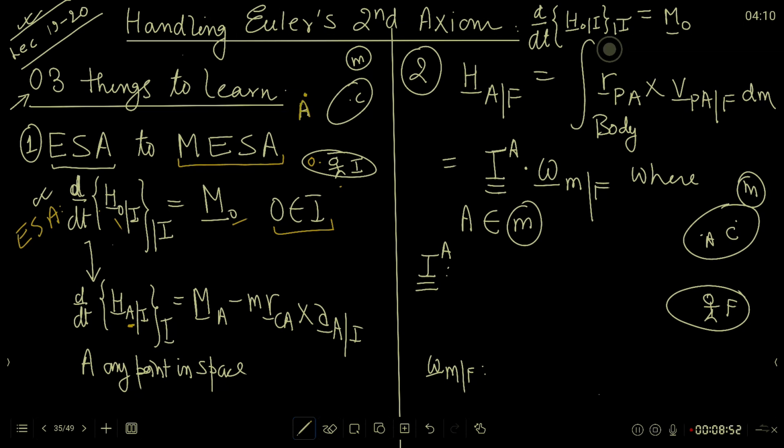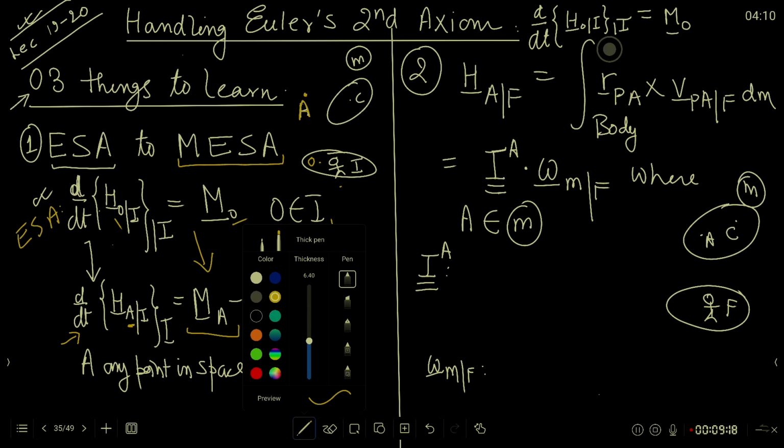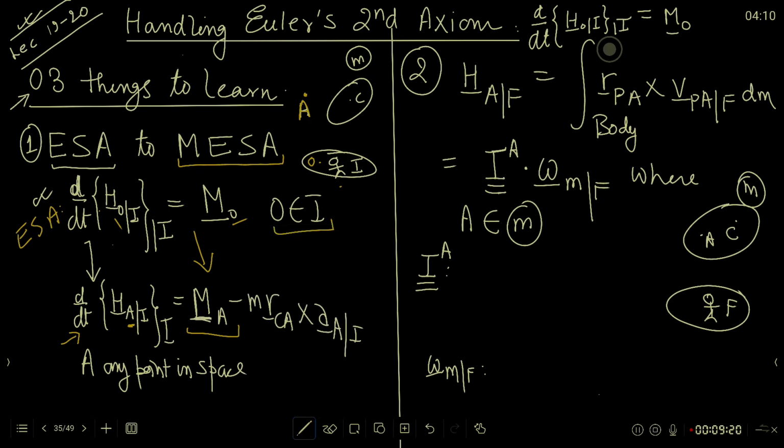So left hand side I have rate of change of angular momentum about any point, and on the right hand side then we derived from ESA that right hand side will have MA, which is the moment due to all external forces acting on the RB about point A. That's the first term. So there's a vector here.